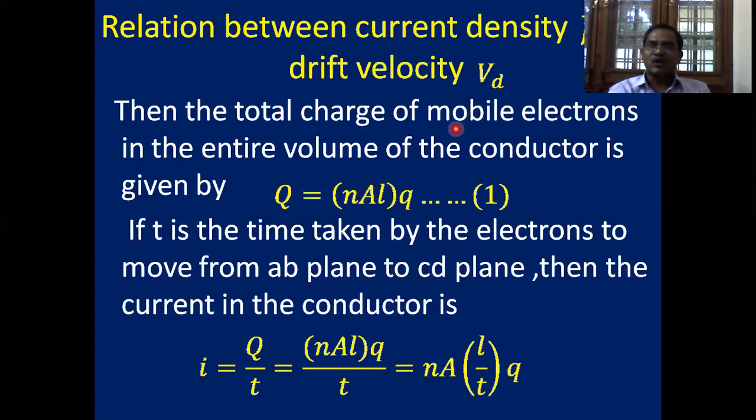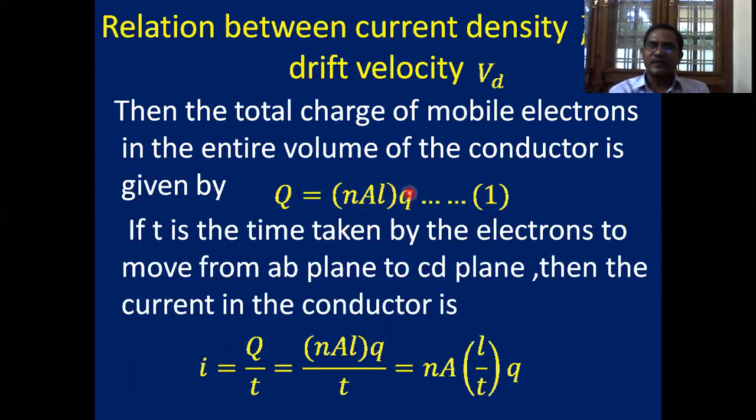The total volume of the conductor is cross-sectional area into length, A L. So for unit volume the number of charge carriers is n, and the total number of charge carriers throughout the conductor would be n A L, right? The electron charge we take as small q. Then the total charge of mobile electrons in the entire volume of the conductor is given by capital Q equal to n A L q.